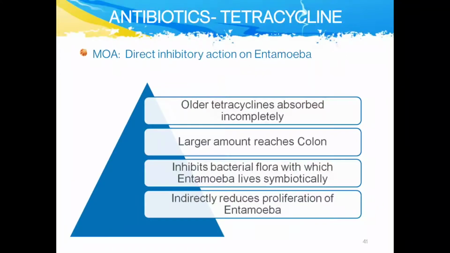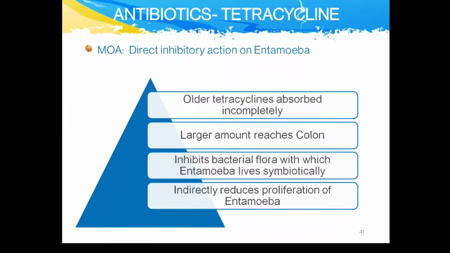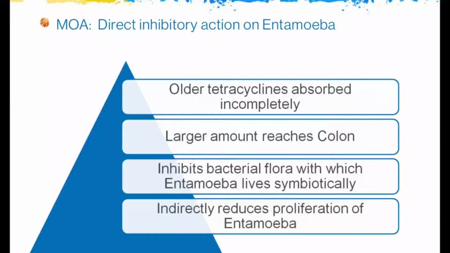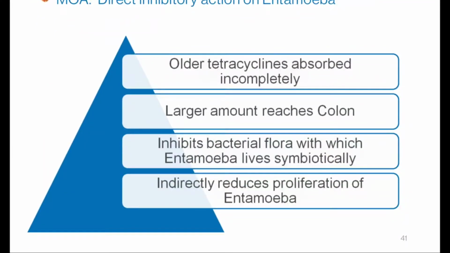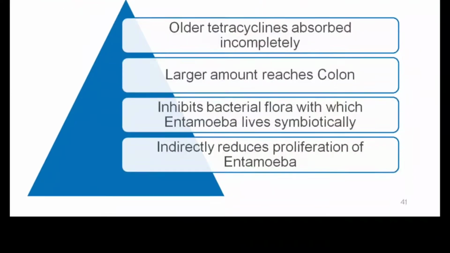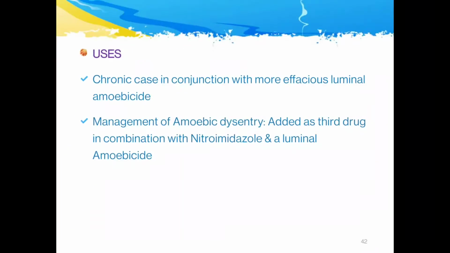Mechanism of action: direct inhibitory action on Entamoeba. So the next, antibiotics, that is tetracycline. Older tetracyclines are absorbed incompletely, and a large amount reaches the colon and inhibits bacterial flora with which Entamoeba lives symbiotically, indirectly reducing proliferation of Entamoeba.